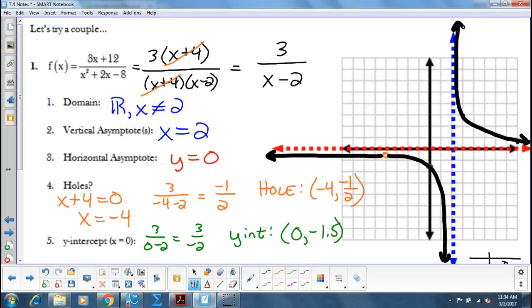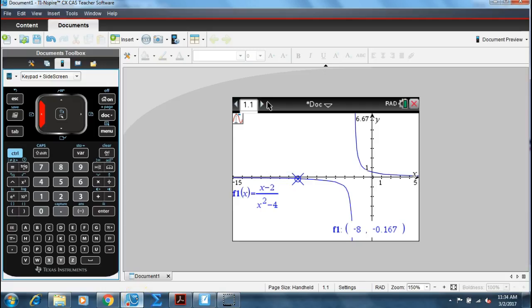Now, one thing that I forgot to show you is on a graphing calculator what a hole looks like. So I'm going to go back to the very first example that we did. If I trace my function, on that first function at -8, we were at -1/6.